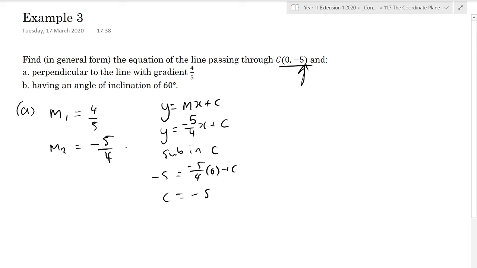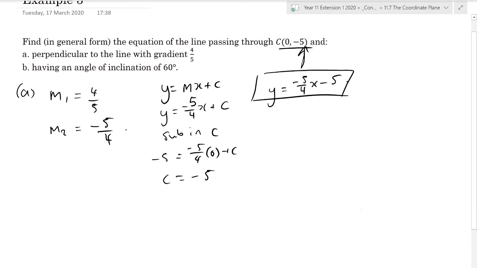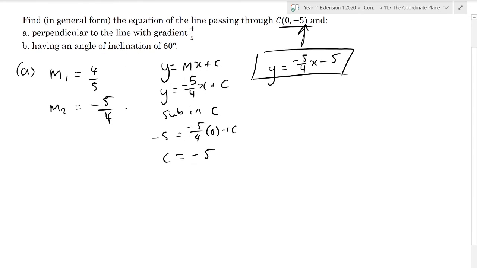So c must be equal to -5. So my equation becomes y is equal to -5 on 4x minus 5. And that's my equation for that line, which is perpendicular to the line with gradient 4 on 5.